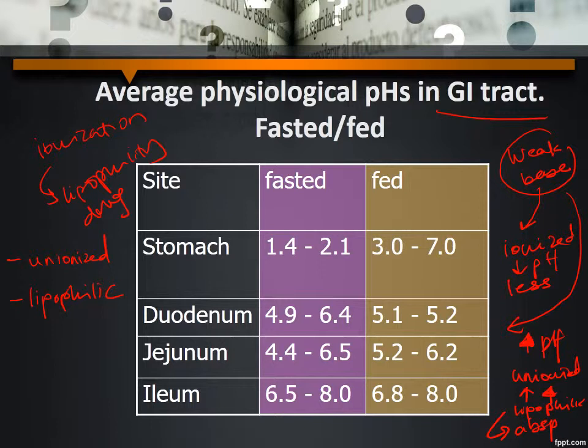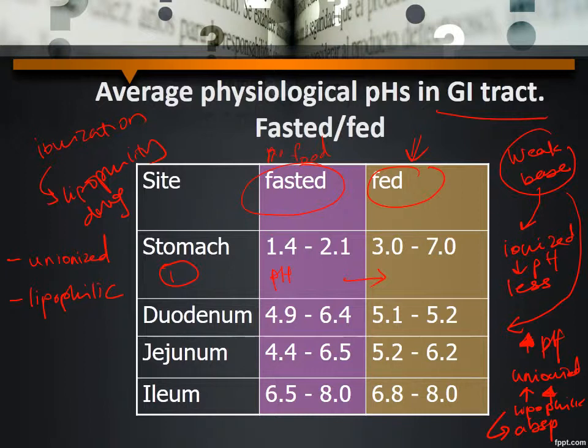So this table summarizes the average physiological pH in the GI tract in the fasted state, no food, and the fed state. If you look in more detail at, let's say, the stomach in the fasted condition, we have a pH around 1.4 to 2.1, and the pH increases when there is food present in our GI tract.